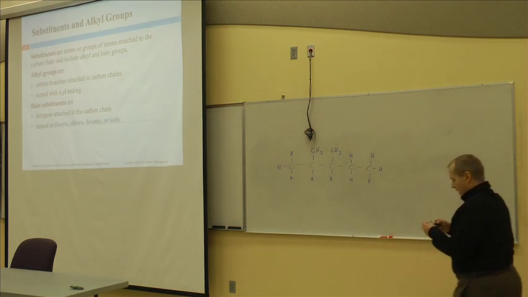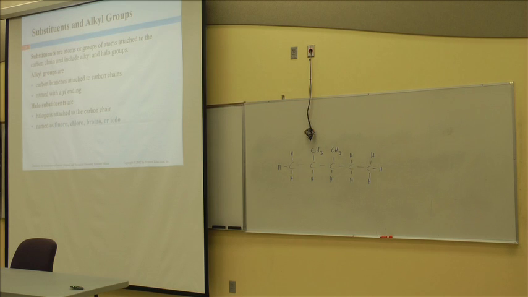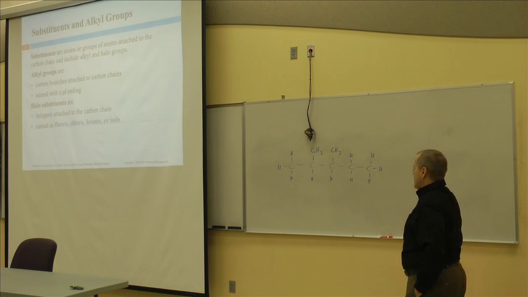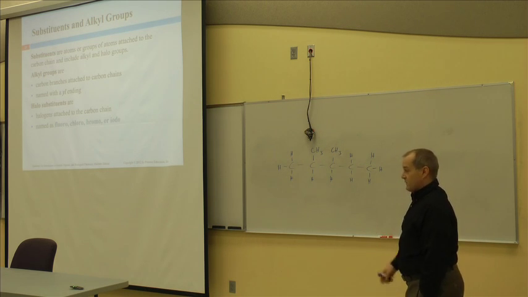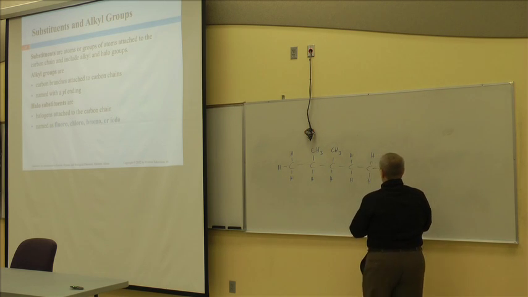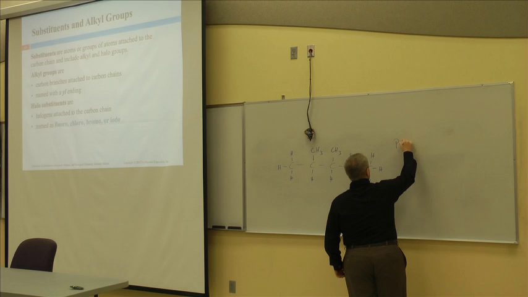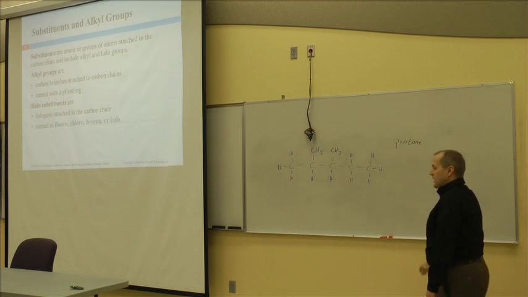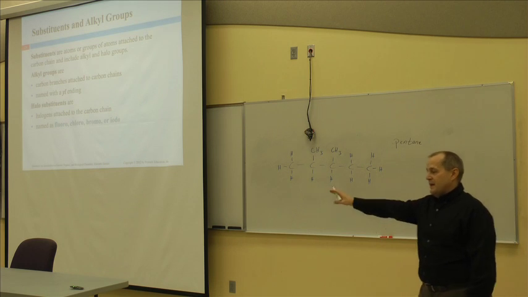All right. Now, again, I promise you, I will always put the longest chain from left to right or right to left. So how many carbons are there in my longest chain? 5. And what's that called? Pentane. Very good. So no matter what we have as a name, it's going to end in pentane.